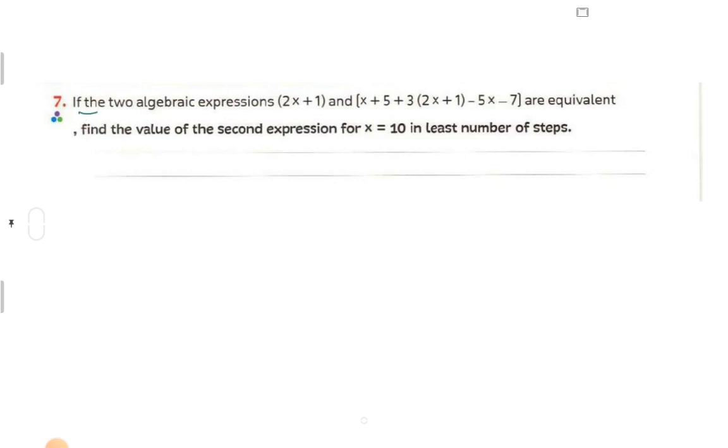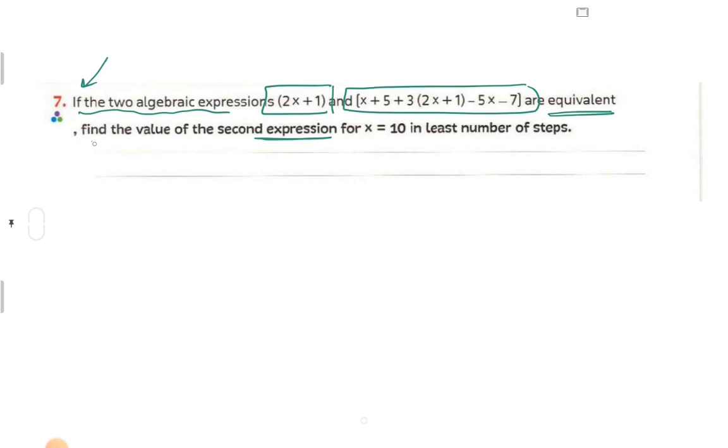Now, if the two algebraic expressions, the first one and the second one, are equivalent, find the value of the second expression. Find the value, it's a number, for x equal 10, in the least number of steps. He said that these two expressions are equivalent. That means they are equal to each other.